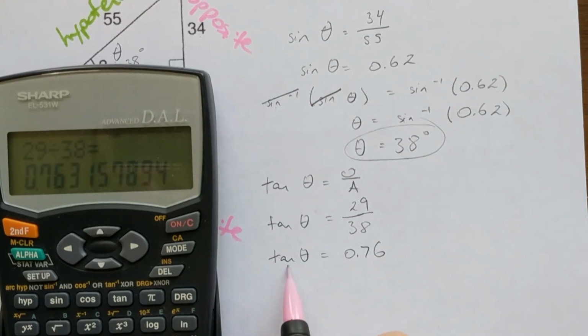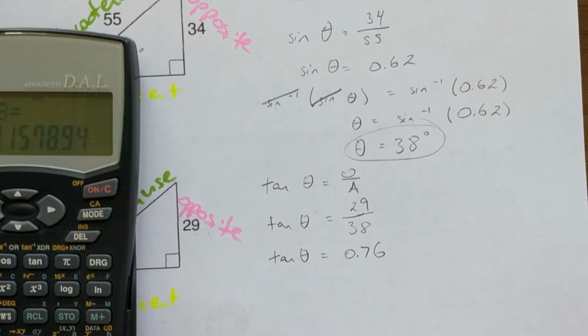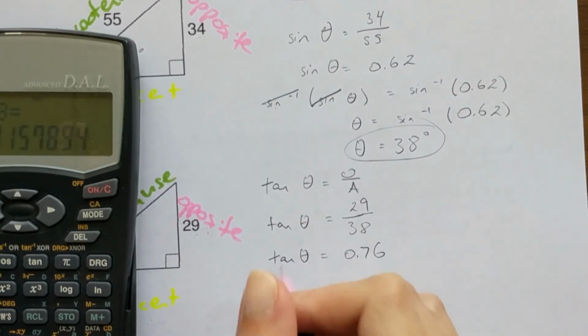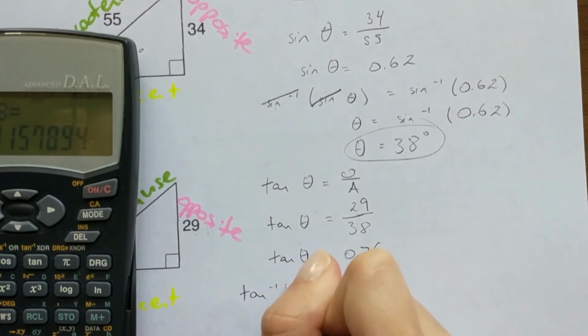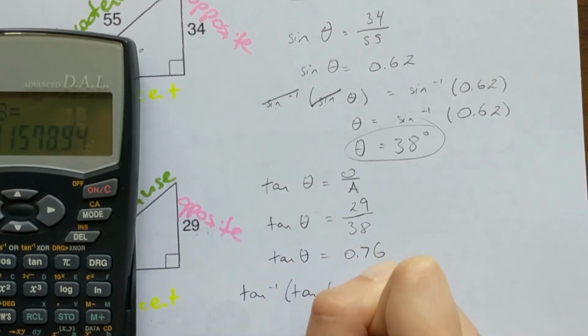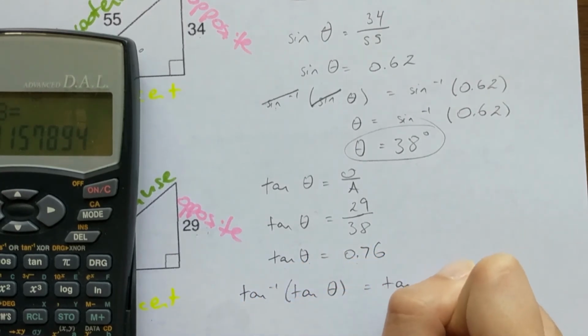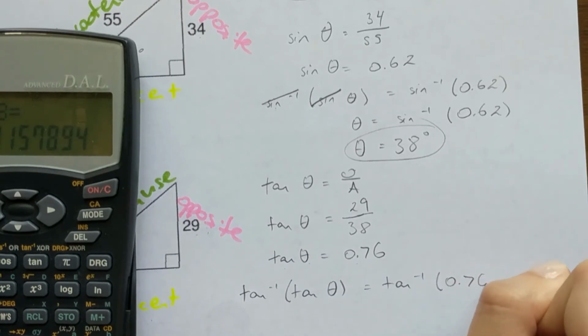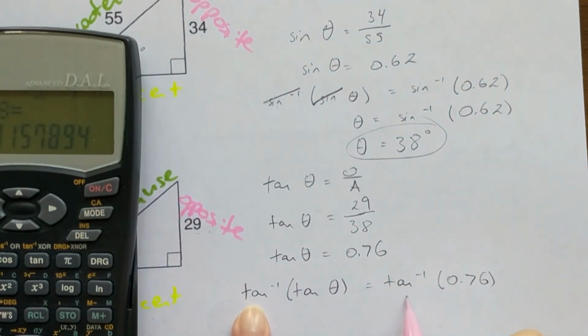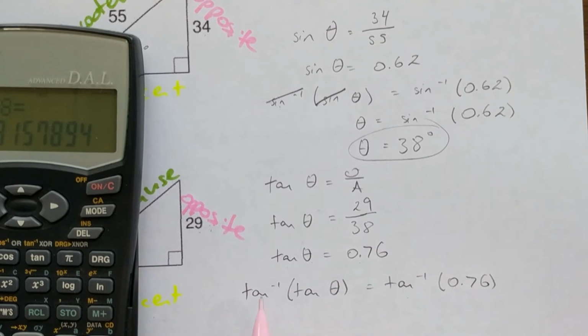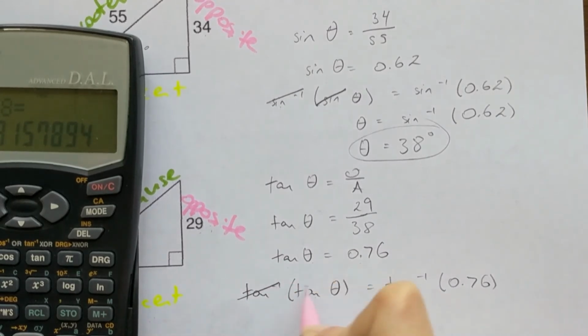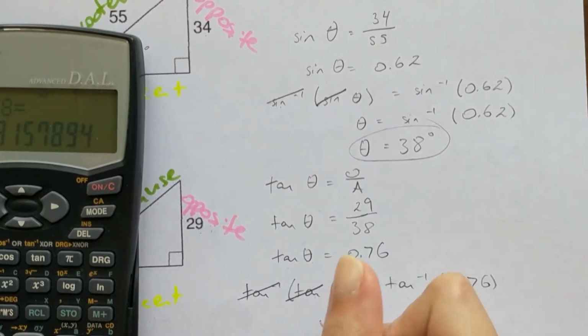Now, in order to get the angle on its own, I have to do the inverse of tan. I have to do the inverse of tan to both sides. I'm going to do tan inverse of one side and tan inverse of my other side. The tan inverse cancels out, leaving me with just my unknown angle.